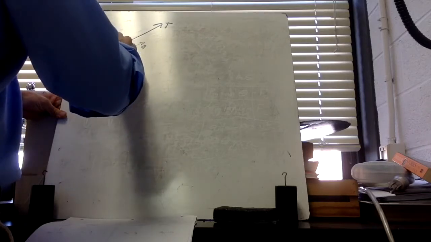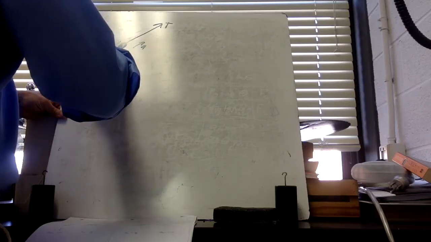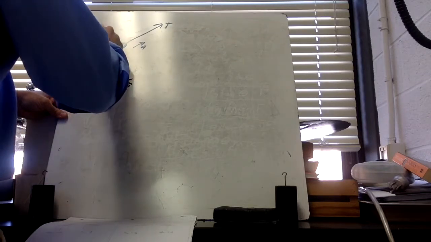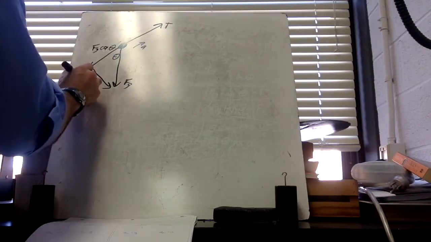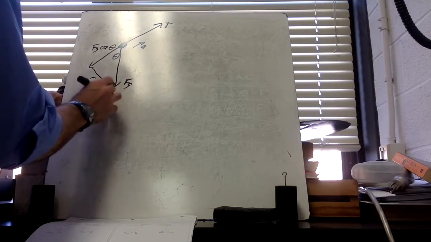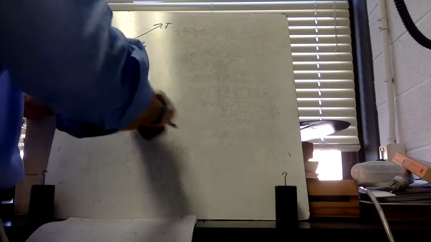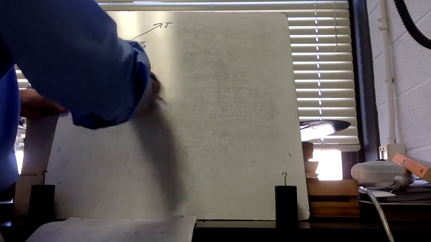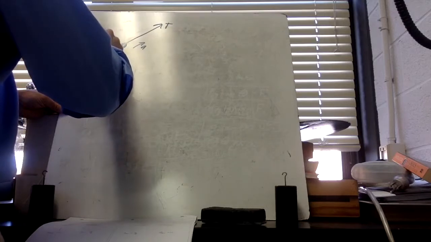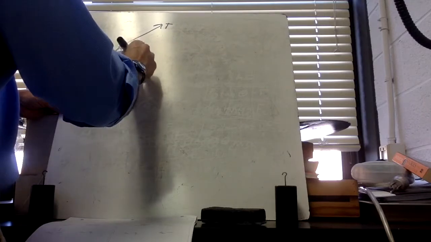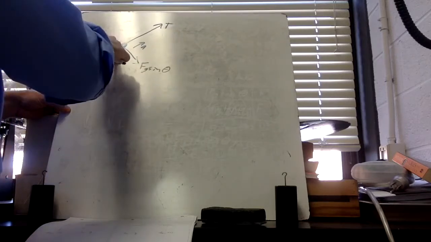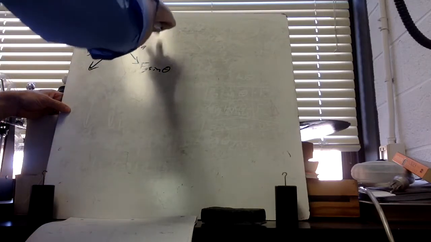If this is some angle theta, then this is Fg cosine theta, and this is Fg sine theta, right? Going that way. And so let me redraw this again. So here's Fg cosine theta. Here's Fg sine theta. Again, where theta was the angle with the vertical that it's making here as well.